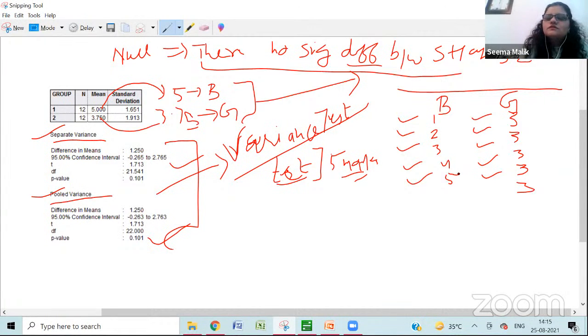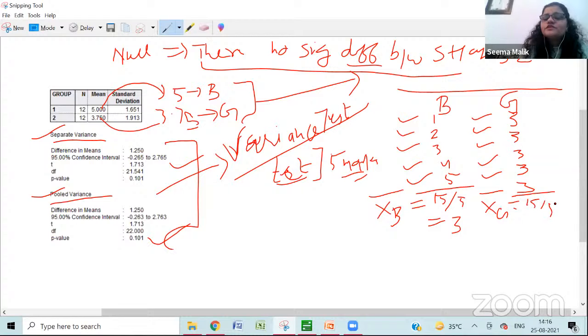Okay, calculate the mean, X bar for boys. Take out the total: 1 plus 2 plus 3 plus 4 plus 5, total 15. 15 divided by 5 is 3. And what is the X bar for girls? It also comes to 3. 15 divided by 5, 3.